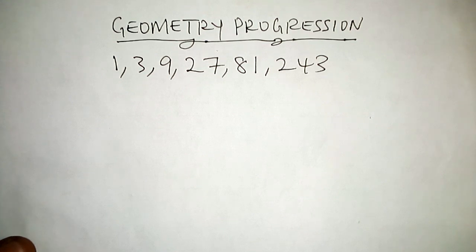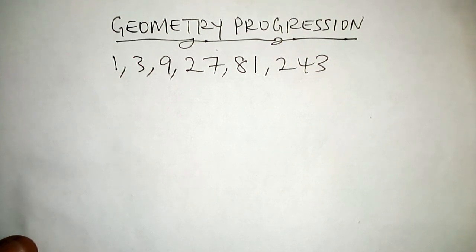And we were able to deduce it by saying that the second term divided by the first term, or the third term divided by the second term, or the fourth term divided by the third term, will give us our common ratio. And we went further to say that the pattern for geometric progression or geometric sequence, as the case may be, is based on multiplication and division. Now that is just a review of what we did in the part 1 edition.